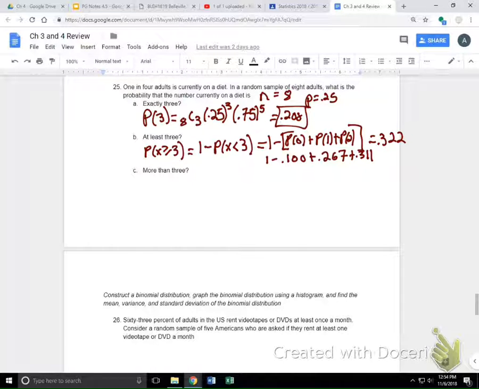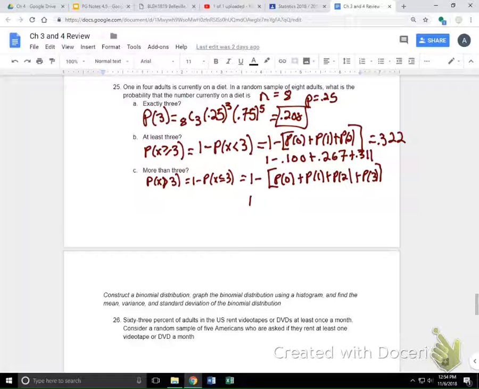And then the last one is more than 3. So P of x is greater than 3. That's the same thing as 1 minus the probability that x is less than or equal to 3, which is equal to 1 minus, and again, it's very similar to the last one, but now we don't want 3 included, so we want the probability of 0 plus the probability of 1 plus the probability of 2 plus the probability of 3.